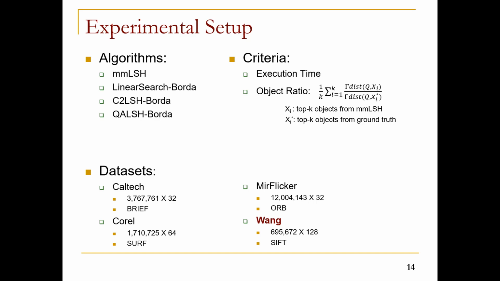Object ratio of 1 means 100% accuracy, and as object ratio increases, the accuracy will decrease. In this presentation, we only show the results for the datasets in bold and refer the viewers to check the paper for the complete results.